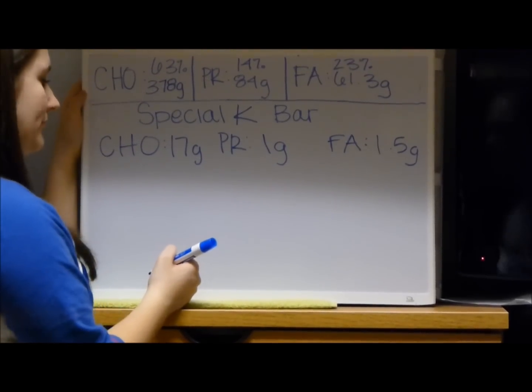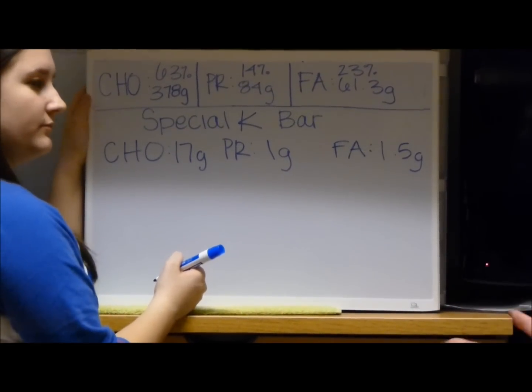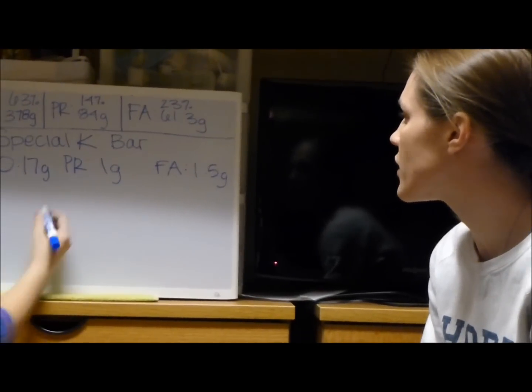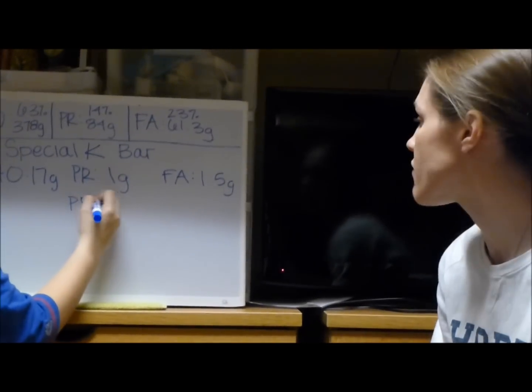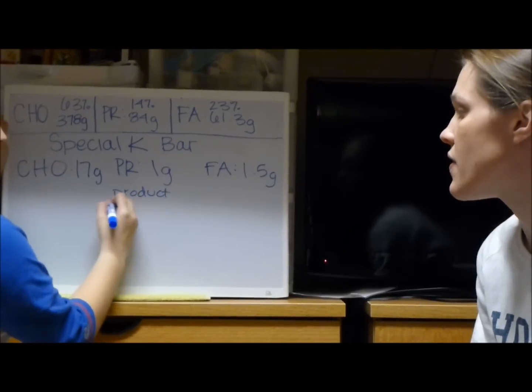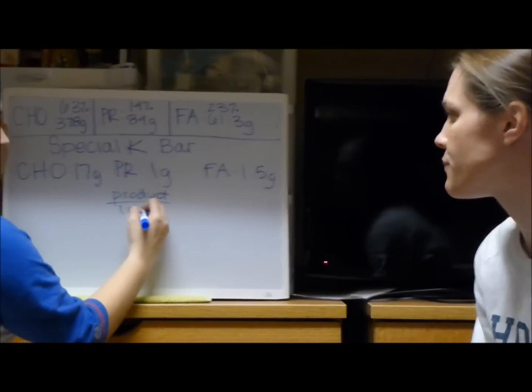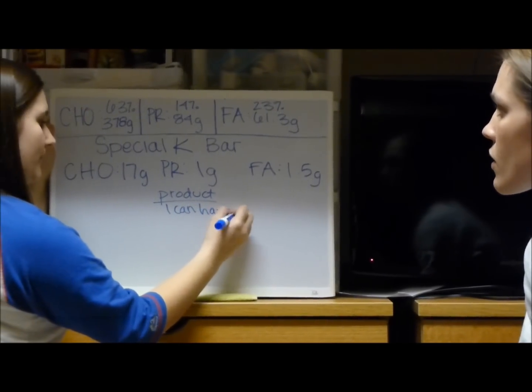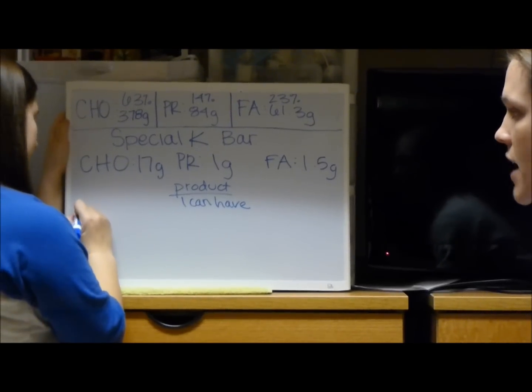Alright, so again, to find what percent of Megan's daily value this is, we're going to take the grams in the product divided by the grams that she can have. So, first we're going to do carbohydrates.